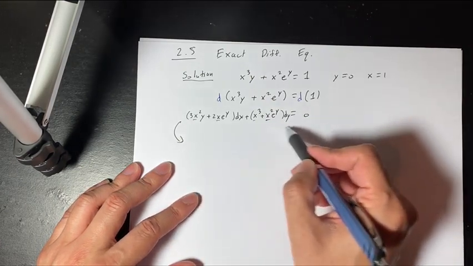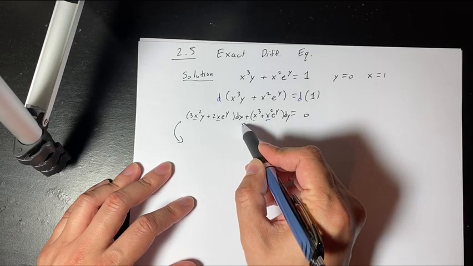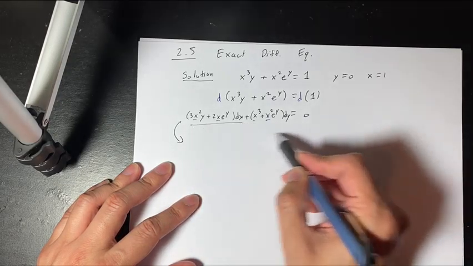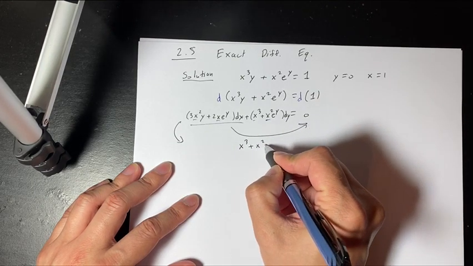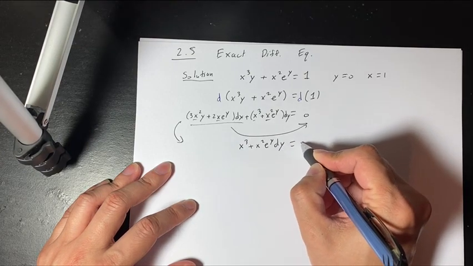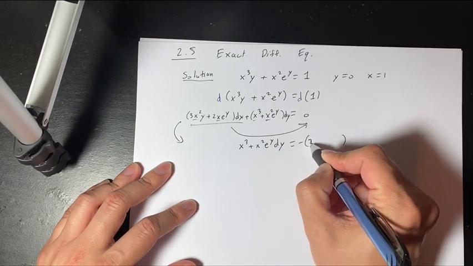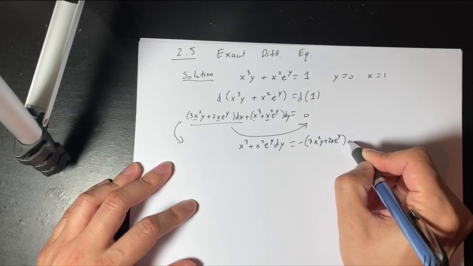And something can happen here. You can actually move this around. So let's say I move this whole thing to the right side. You get that x to the third plus x squared e to the y is equal to the negative of 3x squared y plus 2x e to the y.